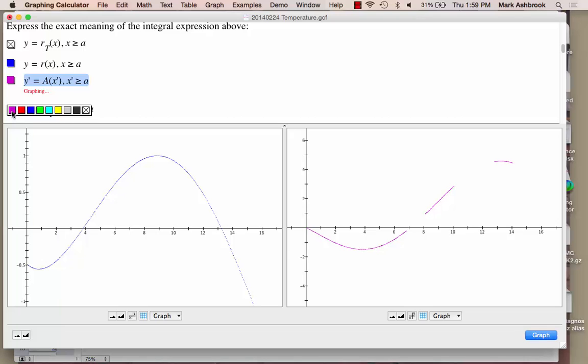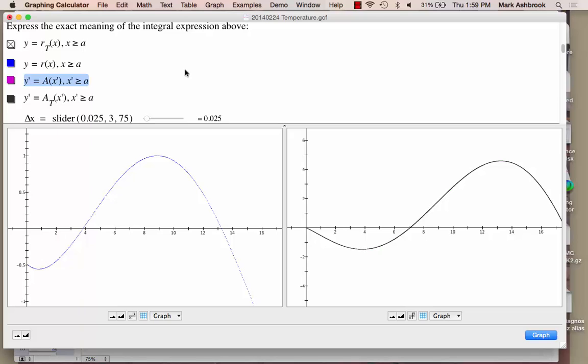It should be right on top of it, right? Because our delta x is so small. So I made it black. Okay, so I made the exact accumulation black, and it's basically covering up the purple one, which was the approximate accumulation with super small moments.